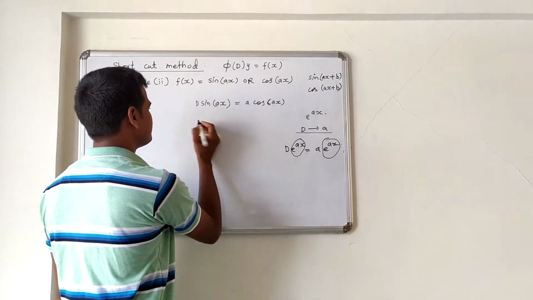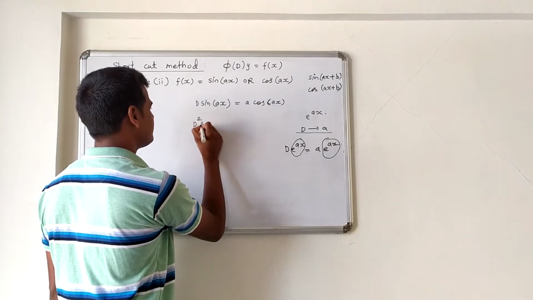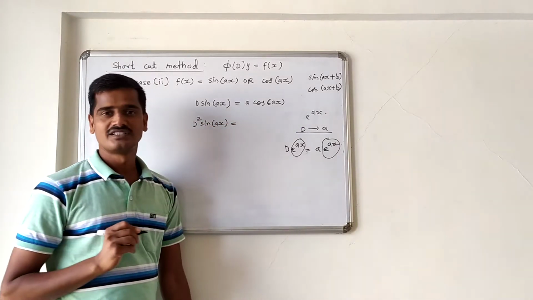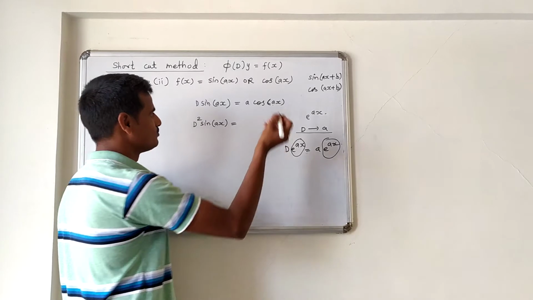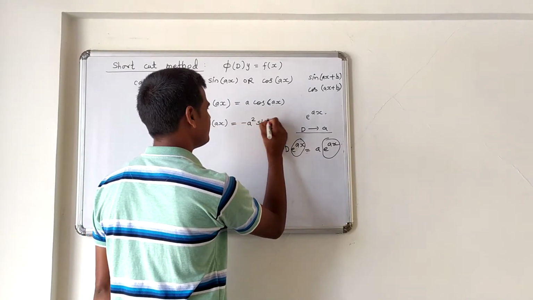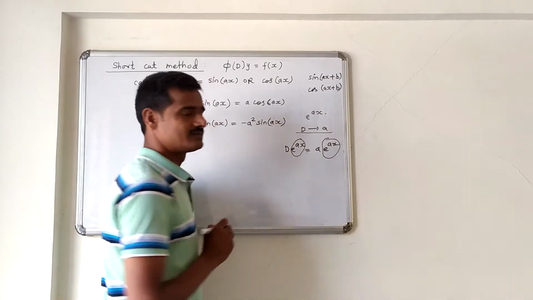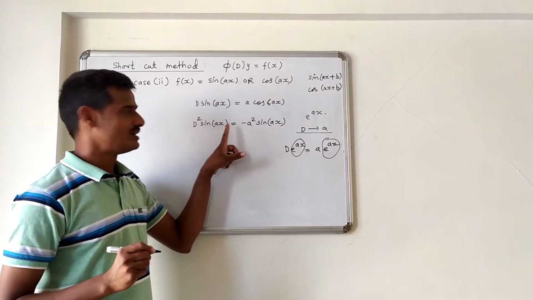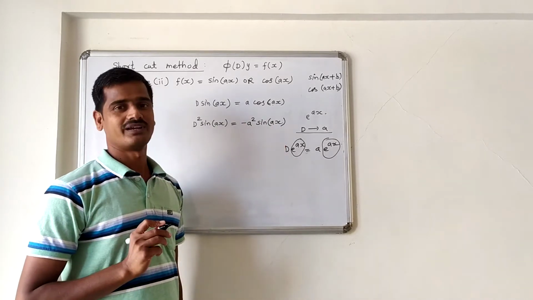So differentiate once again. So D square of sine of ax. Now we know that differentiation of cos of ax is minus a sine of ax. So I will write here minus a square sine of ax. So second derivative of sine of ax is minus a square sine of ax.